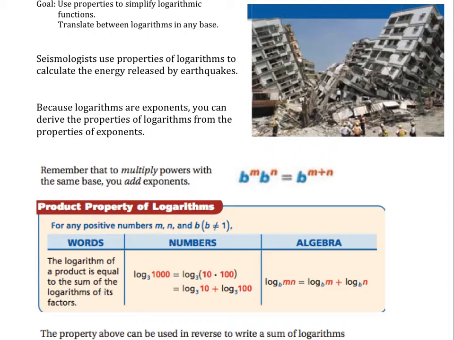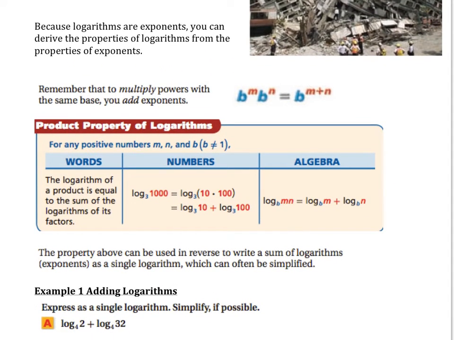So remember that when we multiplied exponents with the same base, we added the exponents. So for logs, we can take a logarithm, split it into a product, and then add the logarithms.